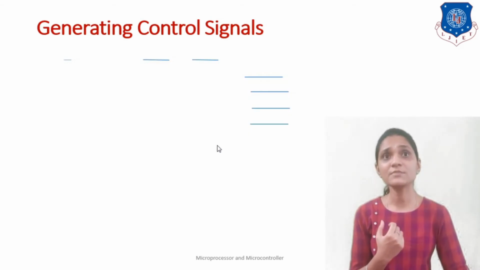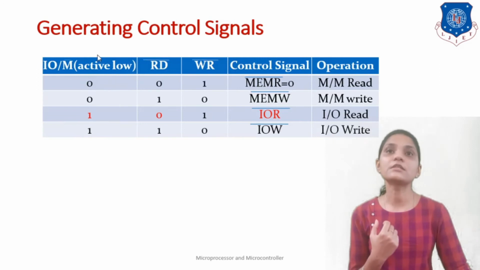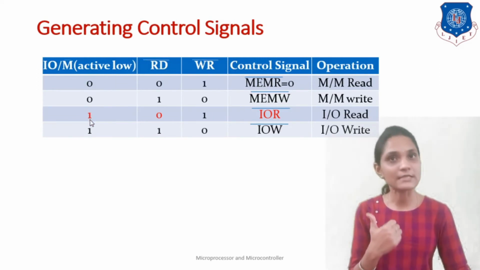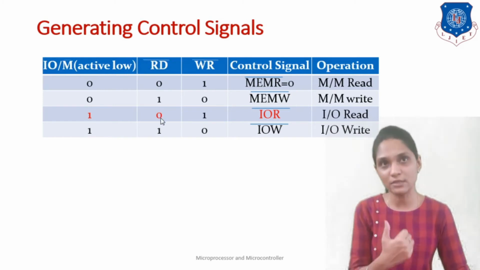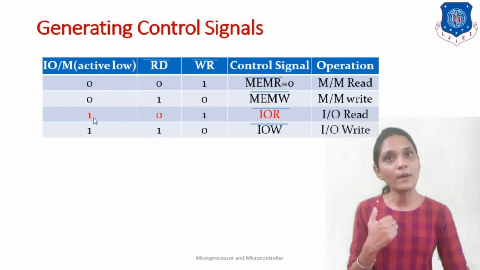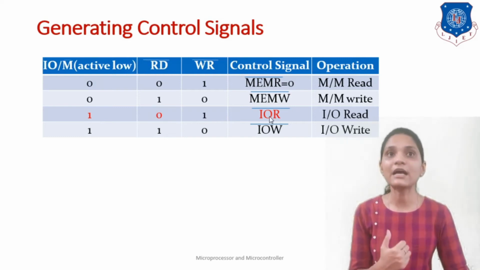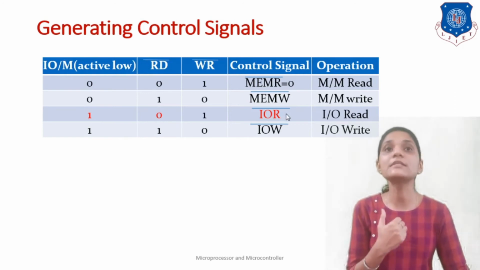Similarly for IO read, the value of IO comma M bar will be 1 because it is an IO related operation, and RD bar will be 0 to indicate the read operation. So whenever IO comma M bar is 1 and RD bar is 0, the IOR signal should be generated, with its value 0.